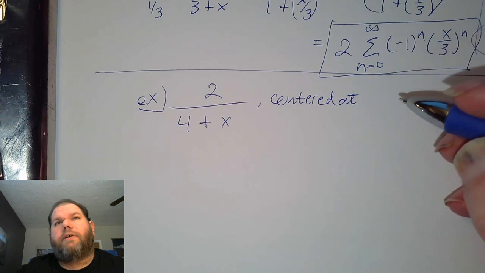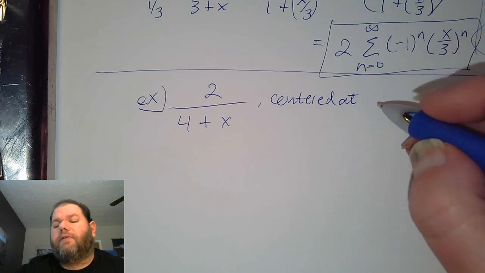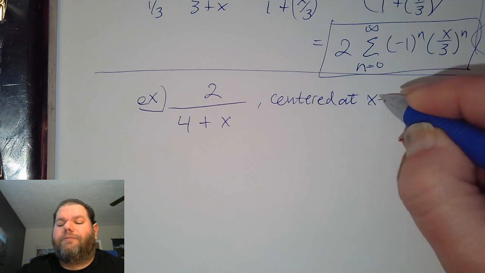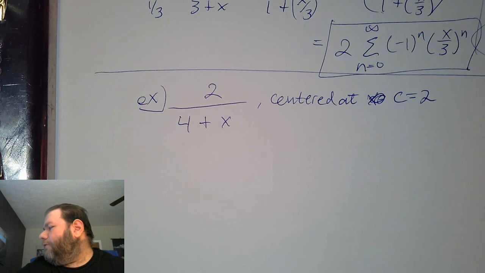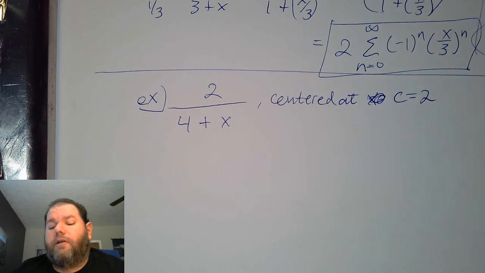What should we center this at? Let's center this at, what's it, c equals 2. I have a hard time remembering that for some reason. So the other ones we've done are centered at 0 so far. This one we want centered at c equals 2.